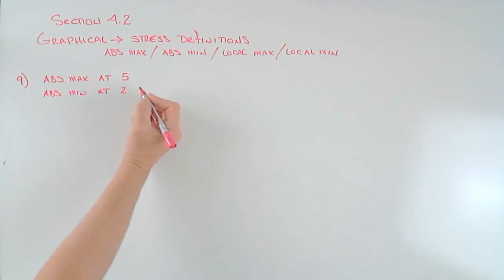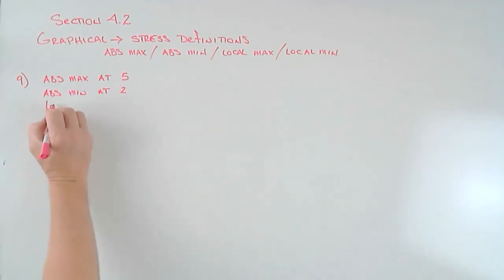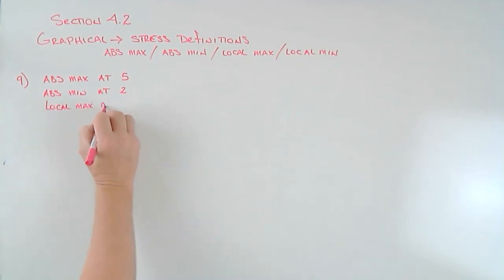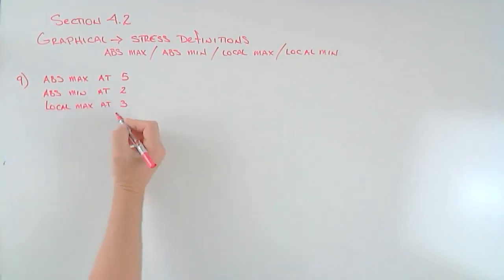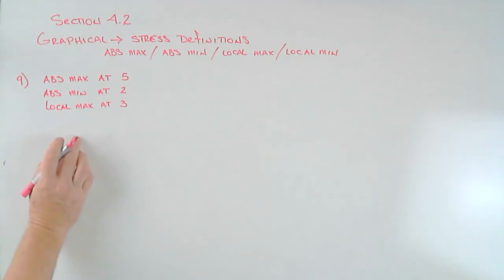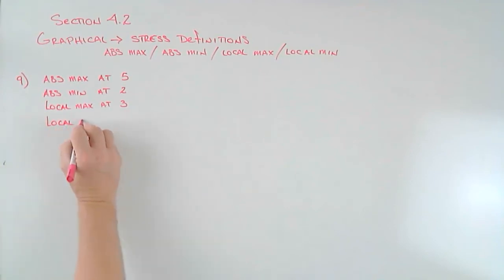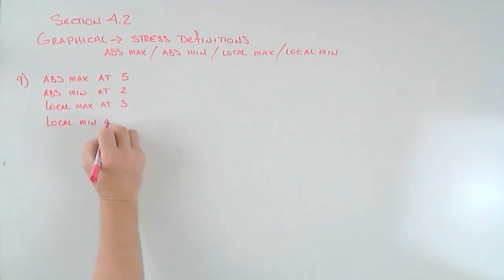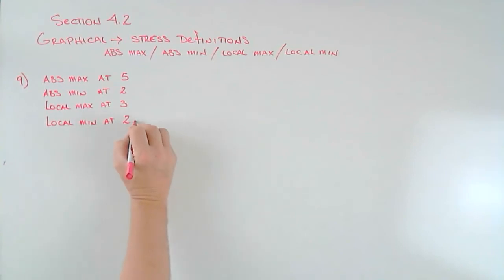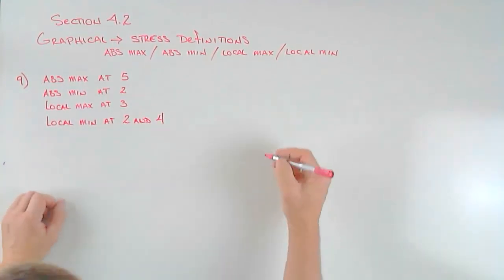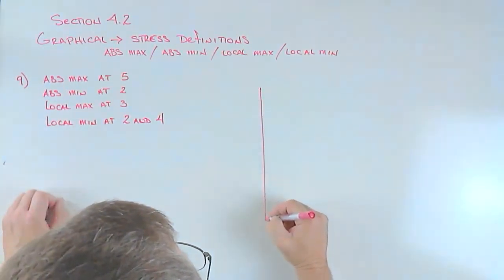We want a local max at 3. And we want a local min at 2 and 4. So we need to draw a graph.